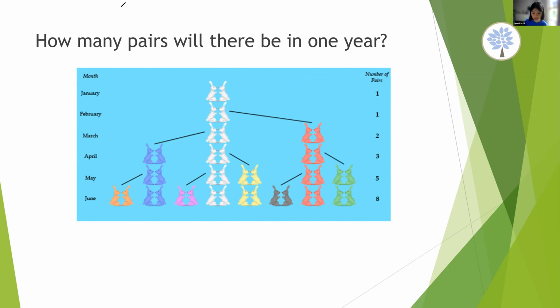Now, the total number of rabbit pairs in the nth month is the sum of the number of pairs alive in the previous month and the number of new baby rabbit pairs. Thus, this produces the Fibonacci recurrence.